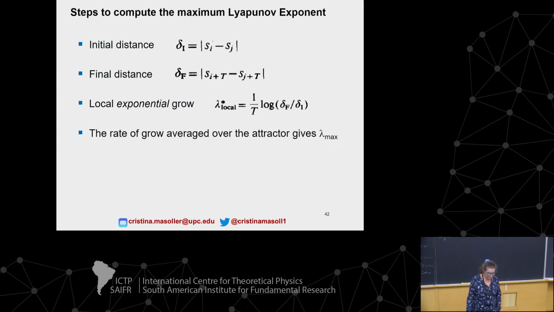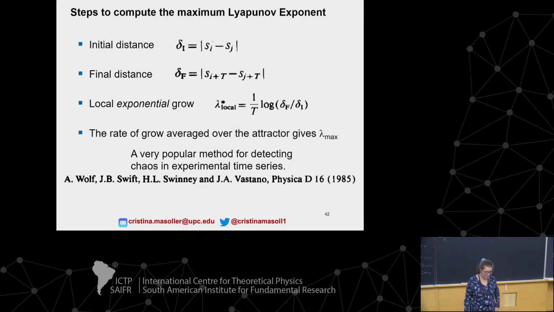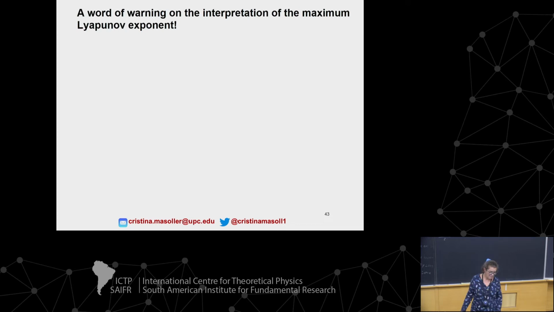And then you can average over the attractor and obtain a value. And this is a reference. It's pretty old, but it's still one of the very popular ways to calculate Lyapunov exponents.